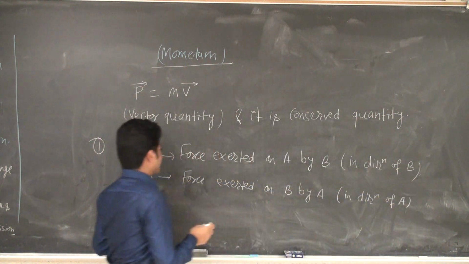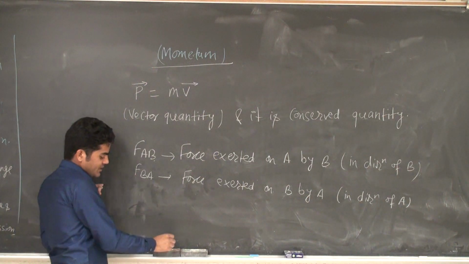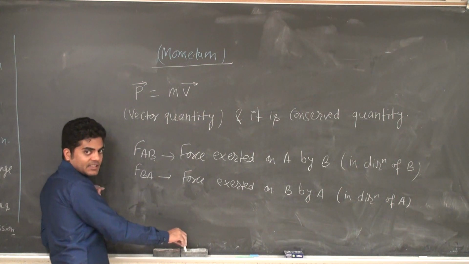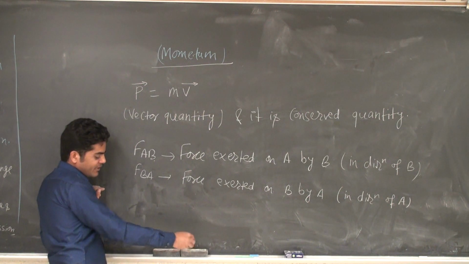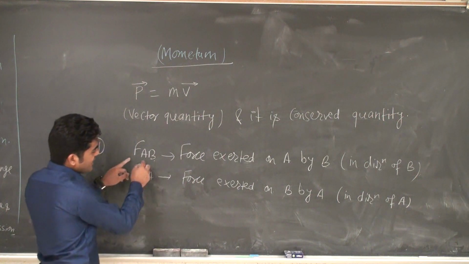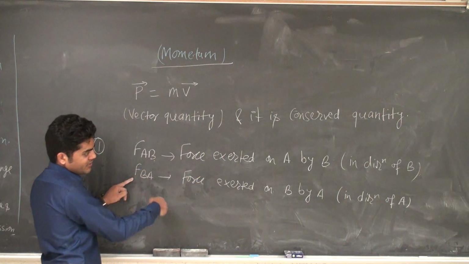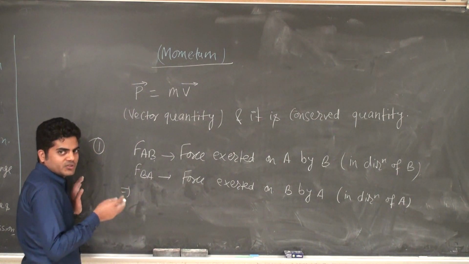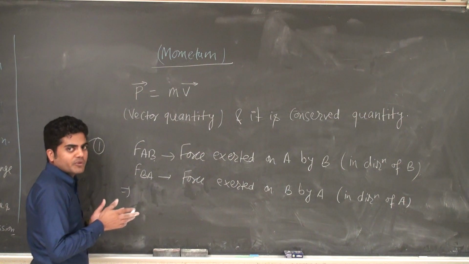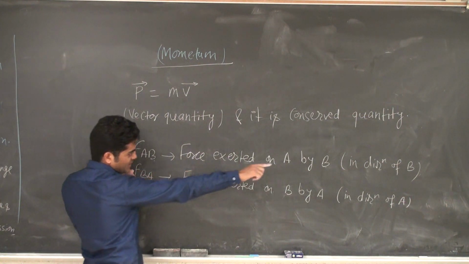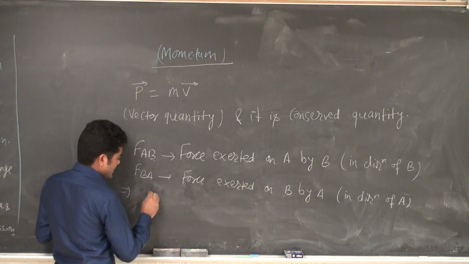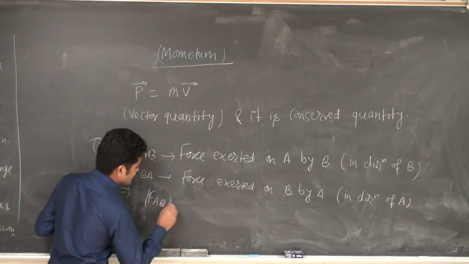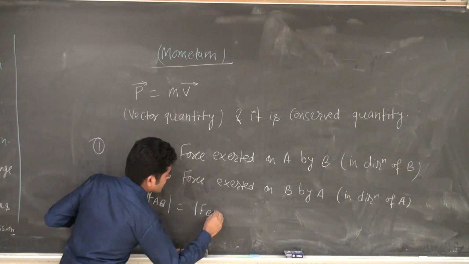When two bodies collide, there are two kinds of forces. The force on body B by A is FBA, and the force on body A by B is FAB. From Newton's third law of motion, these two forces are equal in magnitude but opposite in direction.